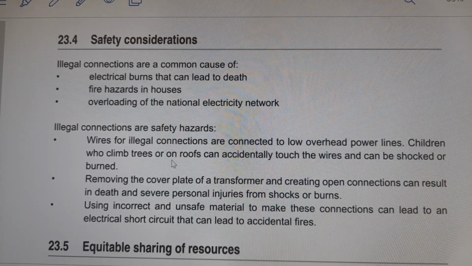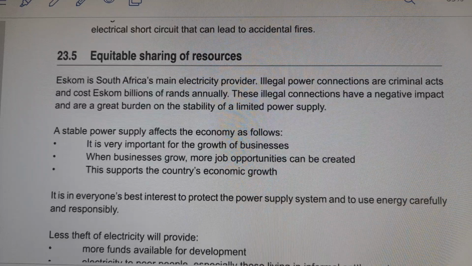Children who climb trees or on roofs can accidentally touch the wires and can be shocked or burnt. Removing the cover plate of a transformer and creating open connections can result in death and severe personal injuries from shocks and burns. Using incorrect and unsafe material to make these connections can lead to an electrical short circuit that can lead to accidental fires.